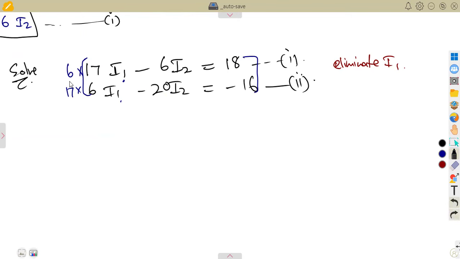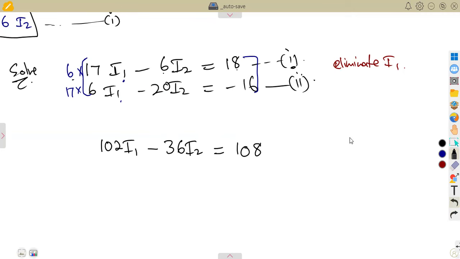So 6 multiplies everything on equation 1, throughout. 6 times 17, that's 102 I1. 6 times minus 6, that's minus 36. We've got a negative there, so it's minus 36 I2, which is equal to 6 times 18. That is 108.